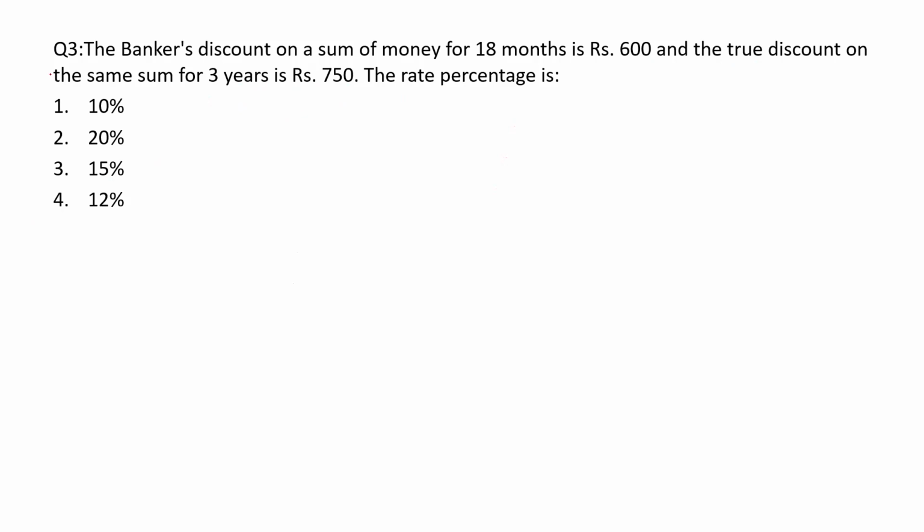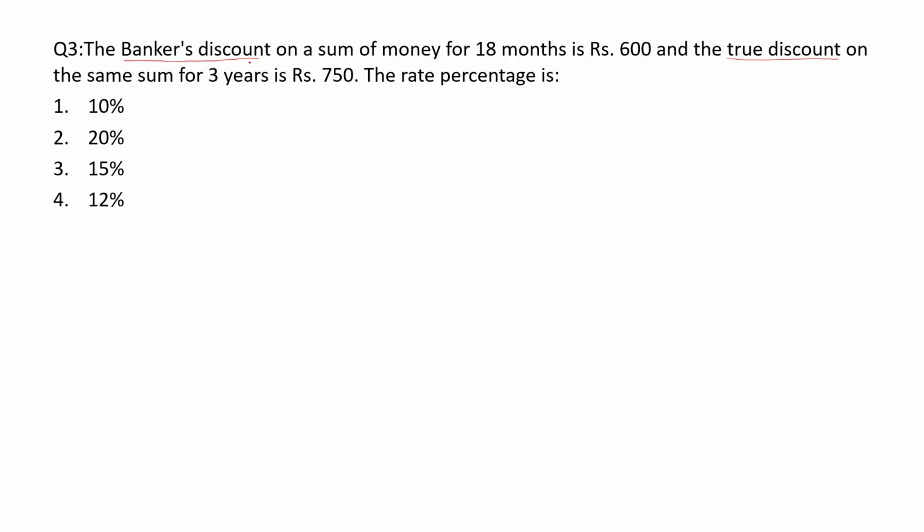Again, if the problem is not clear, please pause the video and read the problem again. So here they are talking about two types of discount. One is banker's discount, the other one is true discount. Please remember, true discount on any money is based on the time value of the money.